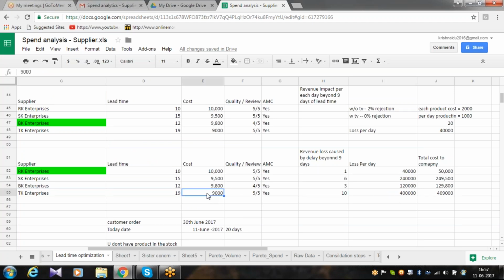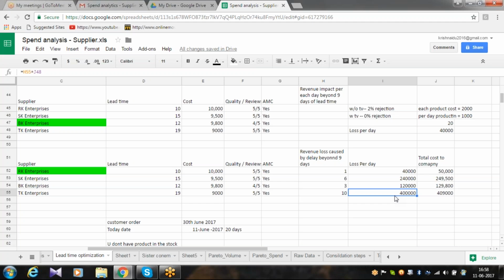Although the cost is very less, the overall impact on the revenue, the profit margins, the overall financial impact is very high. We are trying to save the purchase cost, but we are not focusing on the financial impact to the organization. What would be the cost to the company if I buy the product from TK Enterprises?